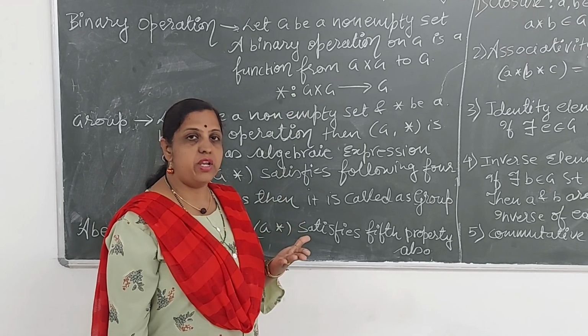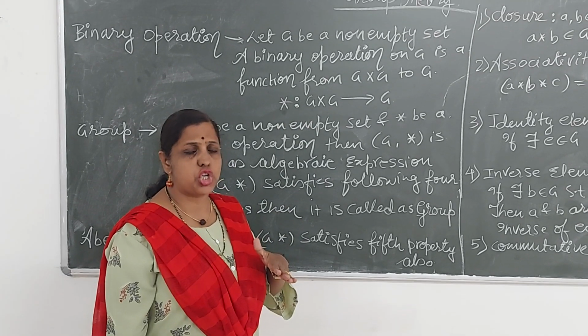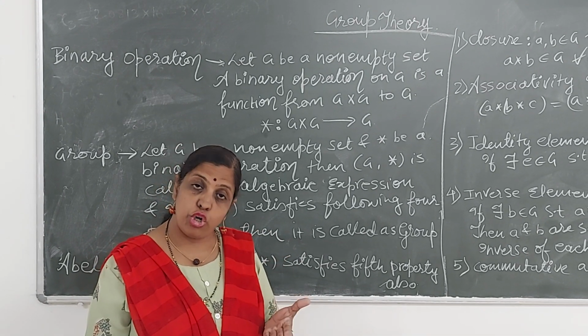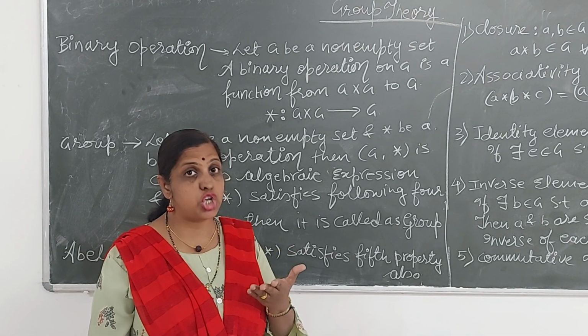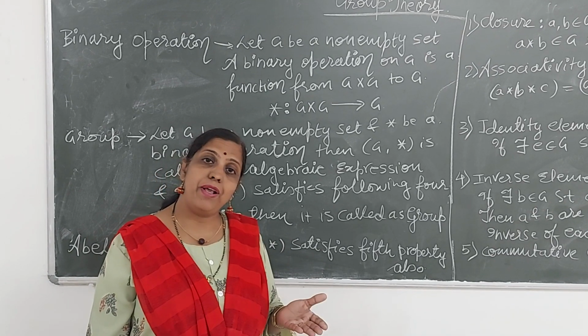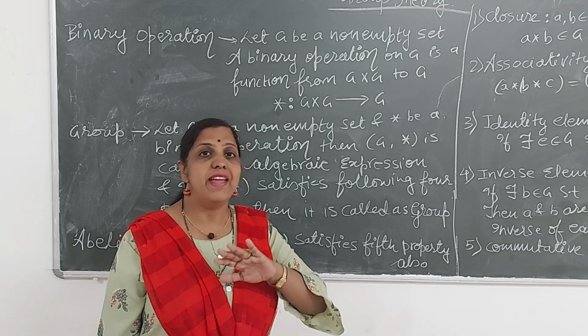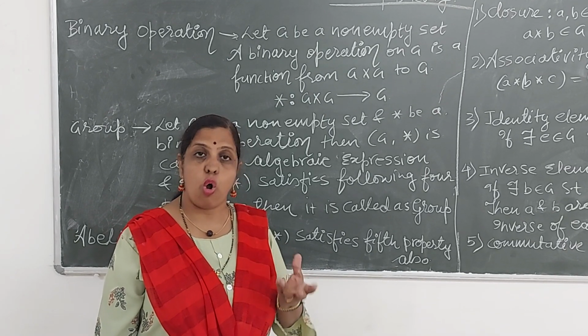As I already told you, it can be simple addition, simple multiplication, addition modulo 5, addition modulo 10, multiplication modulo 5, multiplication modulo 15. Anything can be a binary operation.